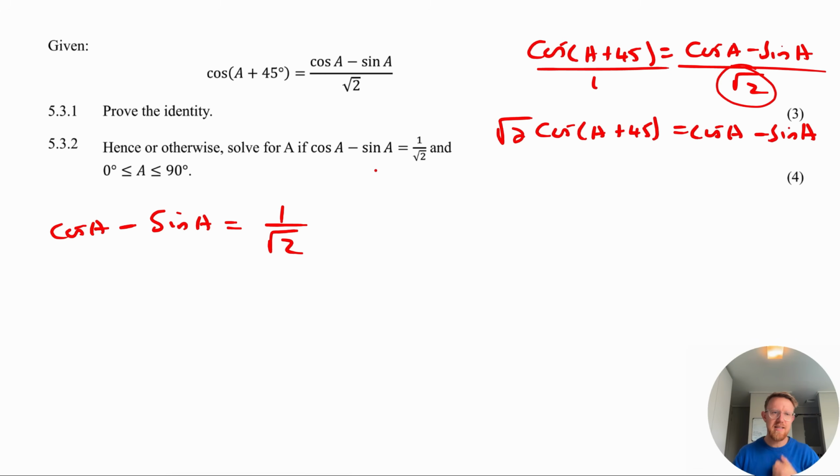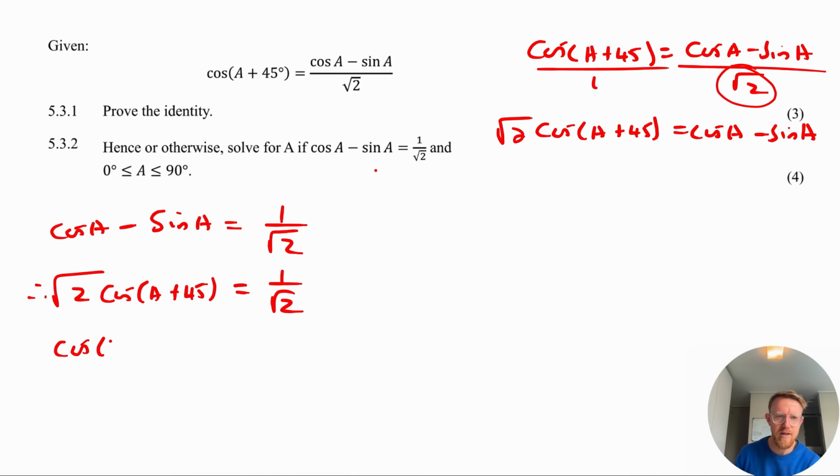So now we can see that cos A minus sine A is equal to that, but cos A minus sine A is also equal to that. So then what we'll do is we'll just say that these two expressions must then be equal to each other. So we can say, therefore, square root 2 cos A plus 45 must be the same as 1 over square root 2. And now it becomes a lot easier to work with, because now we can get cos A plus 45 alone by simply dividing by square root 2.